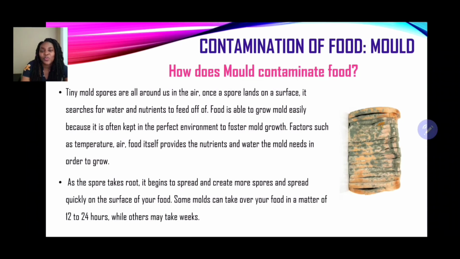So you buy the bread, you have it there for 2 weeks and you're wondering, how is it that the bread is not going bad? But in truth and in fact, there may be mold, there may be spores there that you cannot see with the naked eye. And depending on the type of the bread too, remember the color of the mold or the color of the yeast, sometimes you have to look very carefully because it may not be as evident as what you're seeing here on your right hand side with the image of this bread.